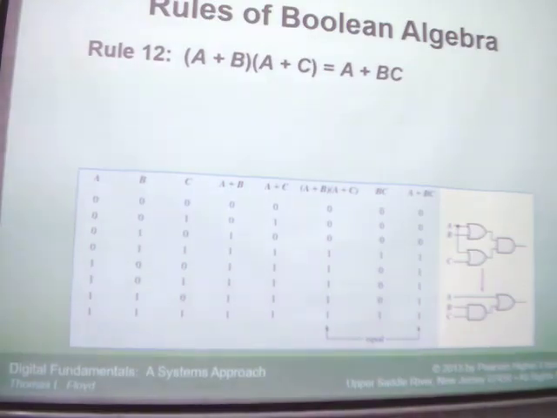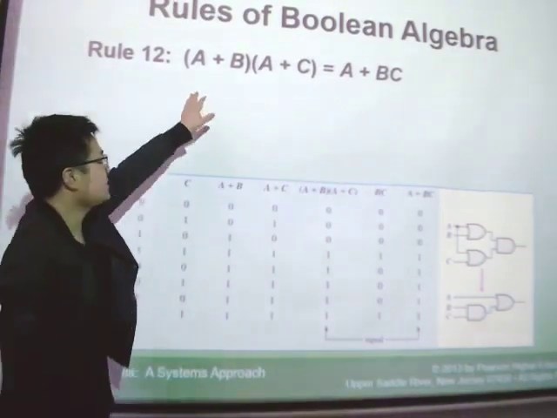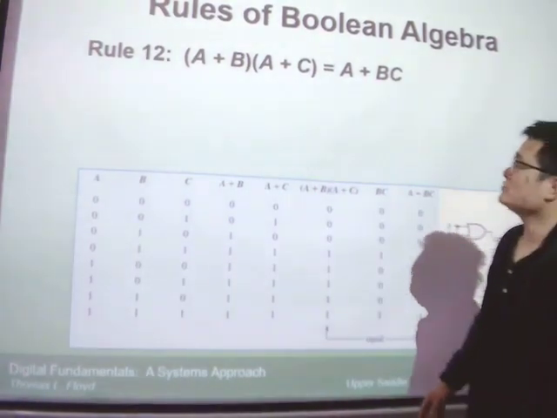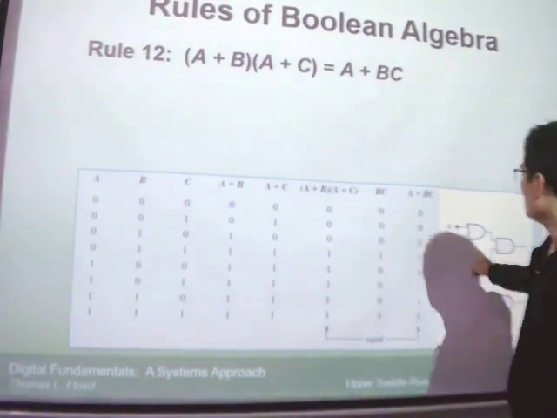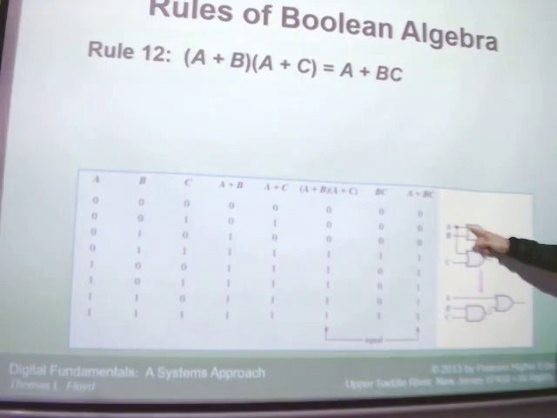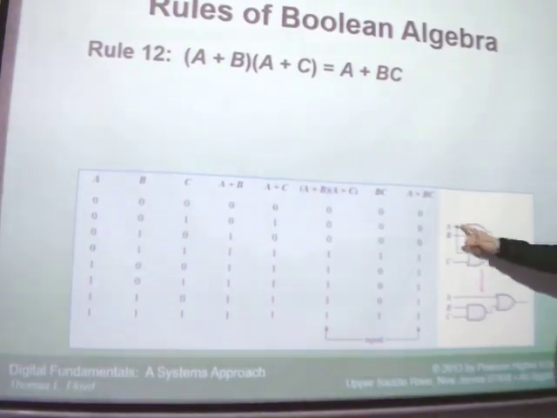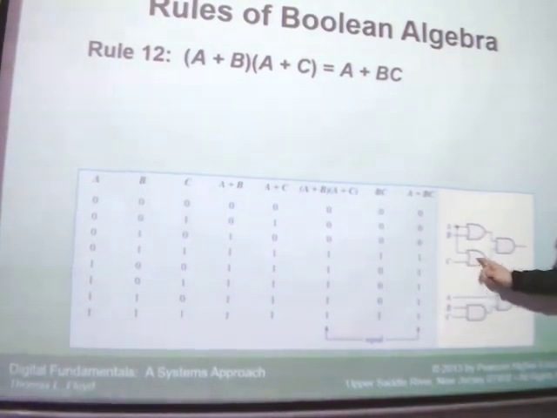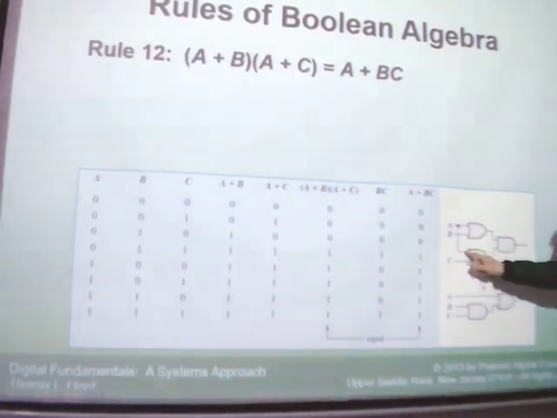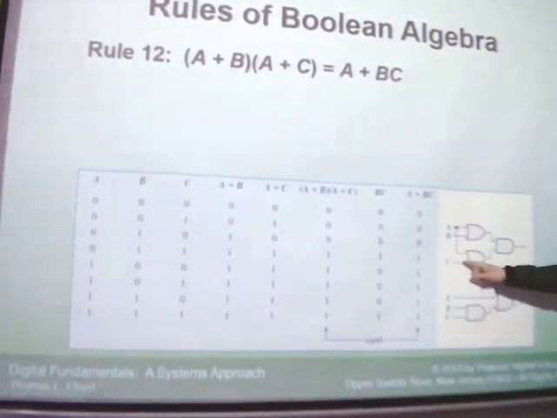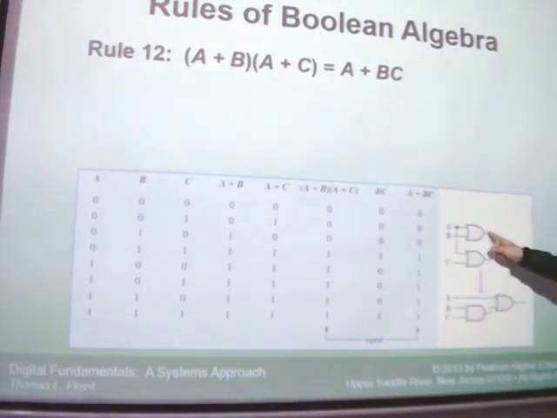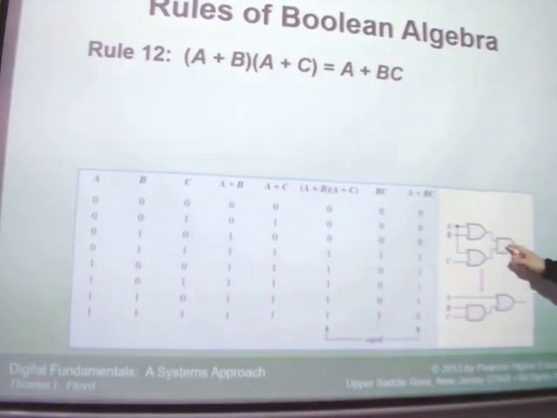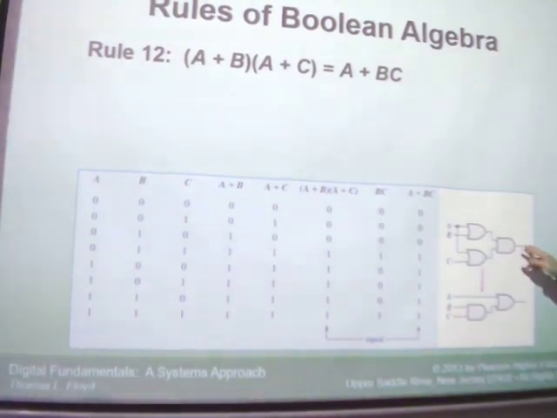And the circuit of this expression: first we should use the OR gate. Using this OR gate we can get A or B, and using this OR gate we can get A or C. Then (A or B) and (A or C), using this AND gate.